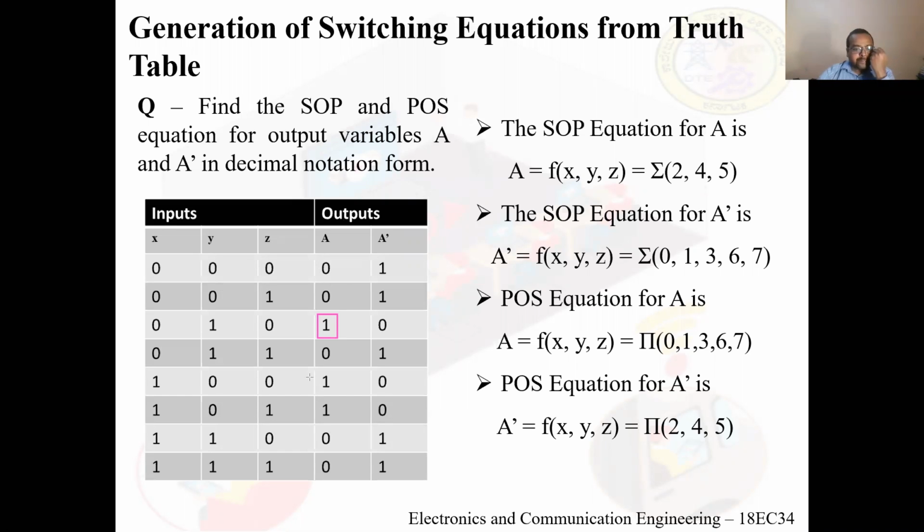First we'll write it for the output variable A. Since it is a SOP form in decimal notation form, how do you write it?